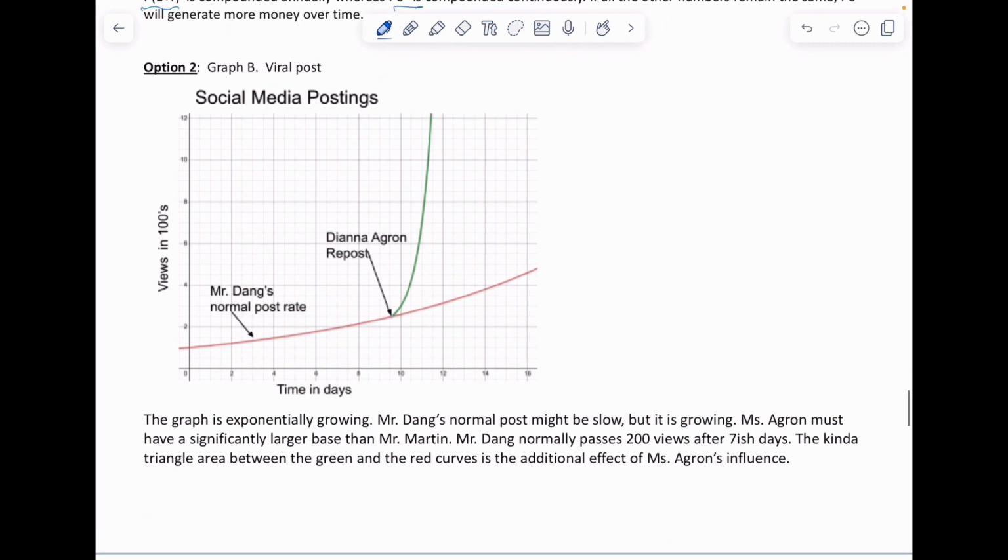And back to my love of social media postings and things going viral. Here's a graph of a fictional posting that Mr. Dang posts. Mr. Dang's normal posting rate yields this. It's still an exponential curve. Don't diminish it too harshly, but it's a slow curve. It's slowly building up. You can see it's working its way up.